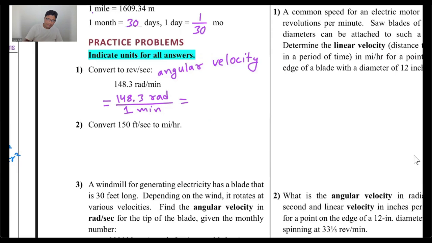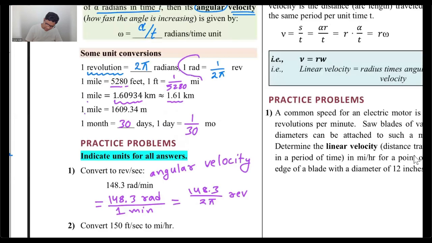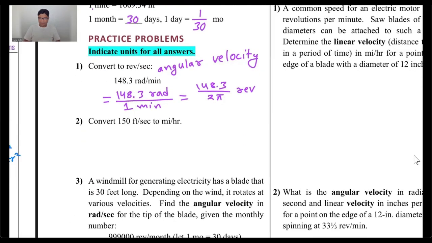Okay. Now you want to convert radians to revolutions. You divide by 2 pi. Remember, 1 radian is 1 over 2 pi revolutions. So divided by 2 pi.